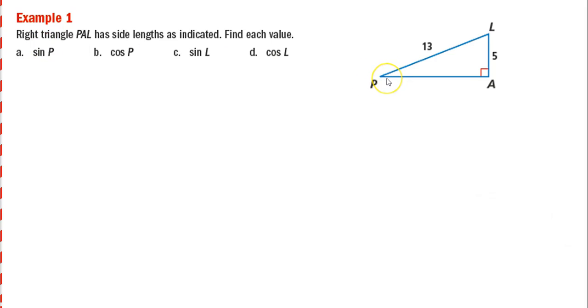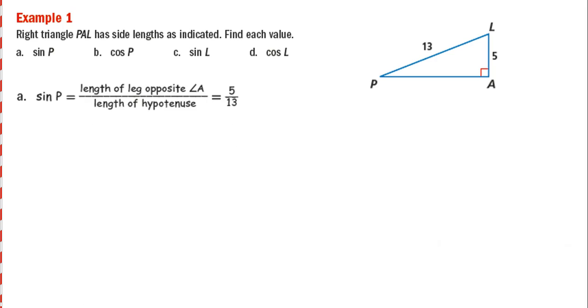Well, here's angle P. And the sine of angle P would be equal to the opposite over the hypotenuse. Well, the side opposite of angle P is 5. And the hypotenuse, as we can see, is 13.